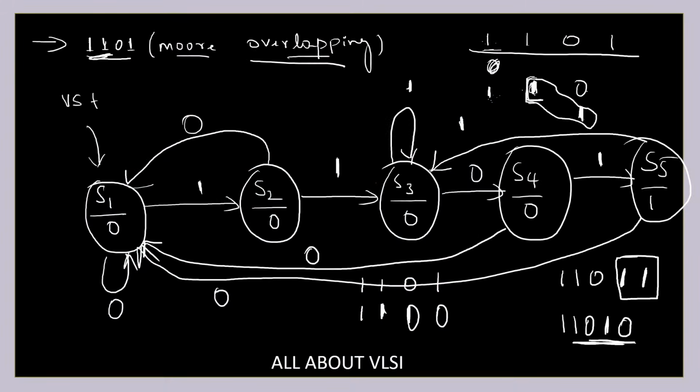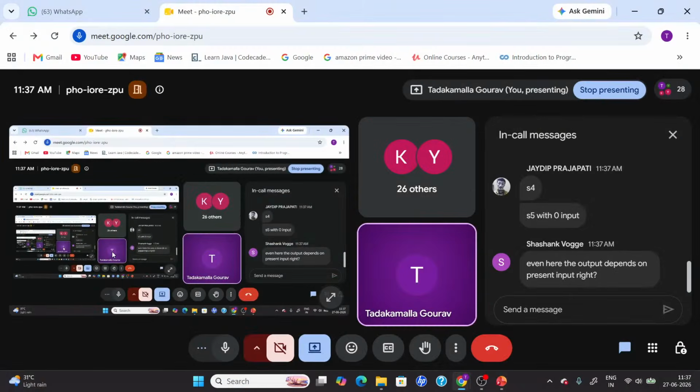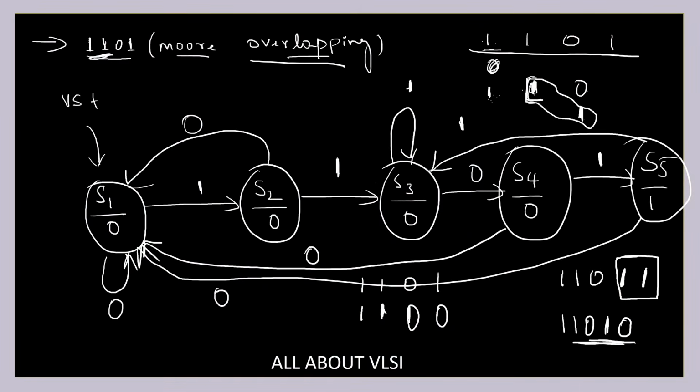Yes, S5 with input 0 we have drawn, right? We are jumping to S1. No, no, no, no. The output is not depending upon the present input. Actually, if you go into the logic level diagram and see it, then you have an output logic.